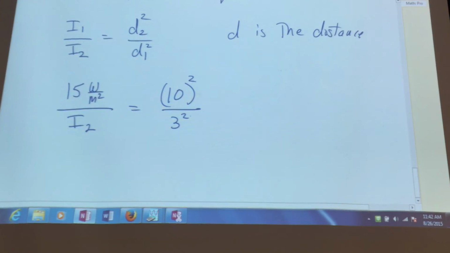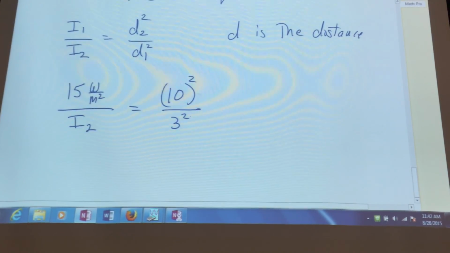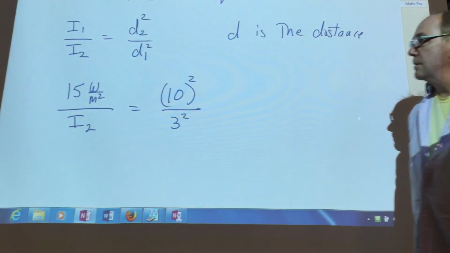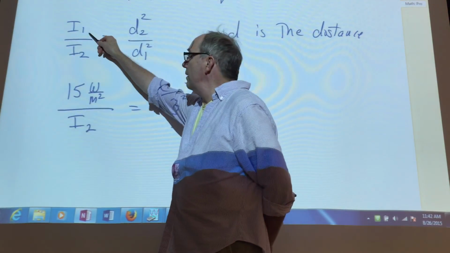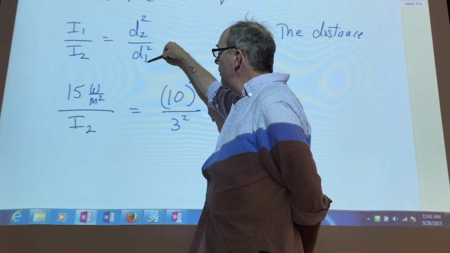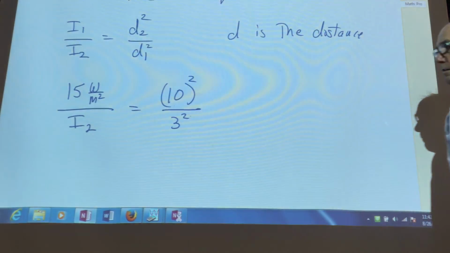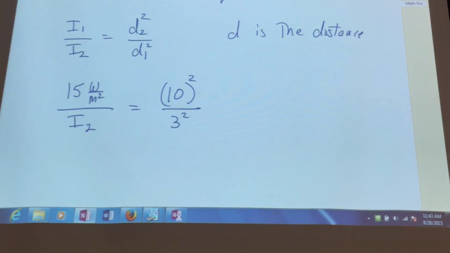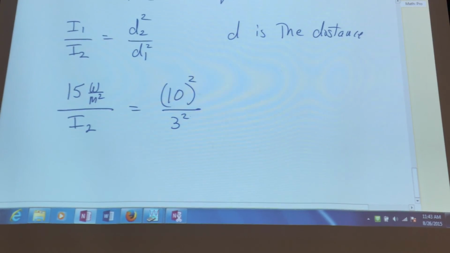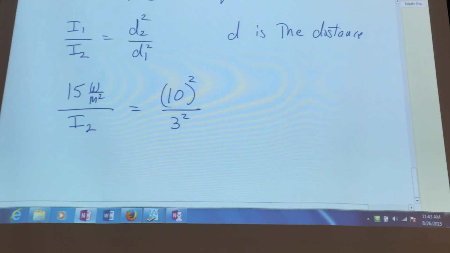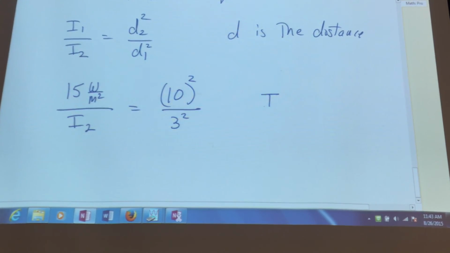And this is the intensity is inversely proportional to distance equation: I1 D1 squared equals I2 D2 squared. And now all you have to do is solve that equation for I2. However you like to do your algebra, your results should look like this.